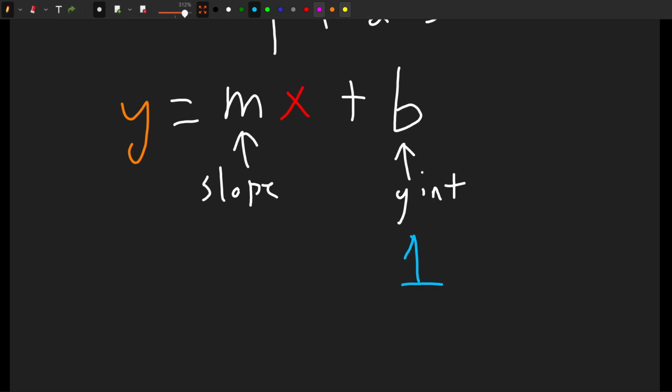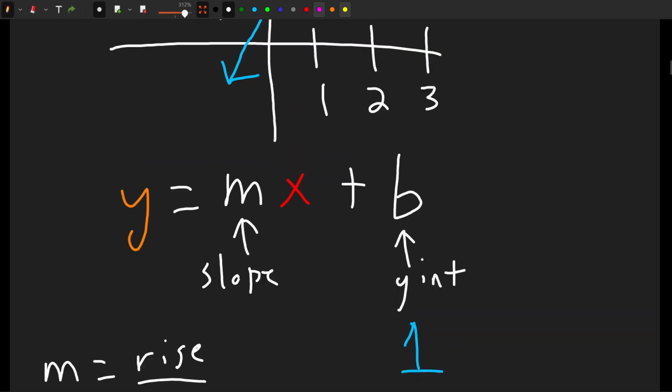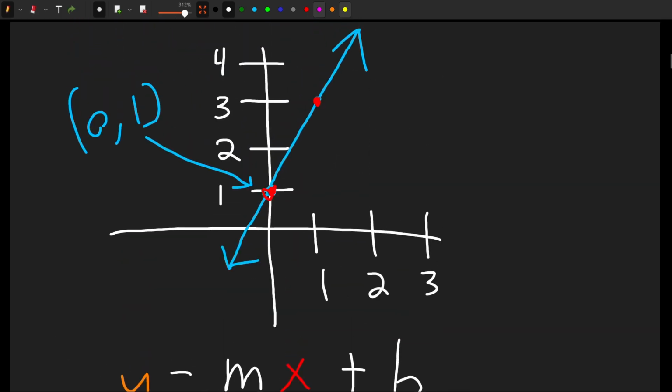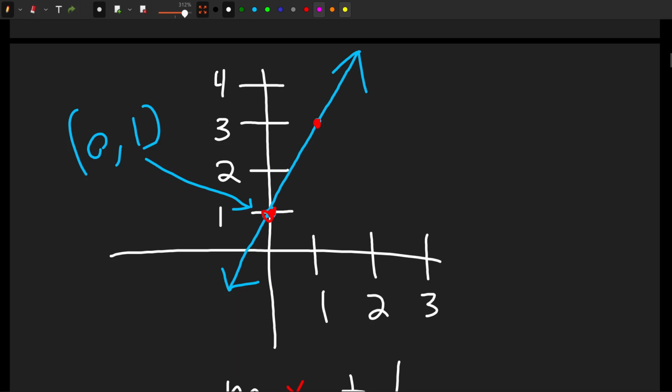Now my slope in this case, our slope m, is equivalent to rise over run, if you've heard that from your teachers. If you haven't, well, you've heard it from me, and I'll show you what that means. That means how many places do we go up and then over to get to the next point?